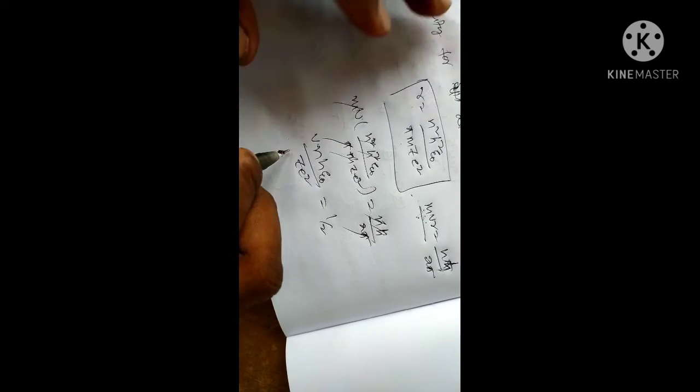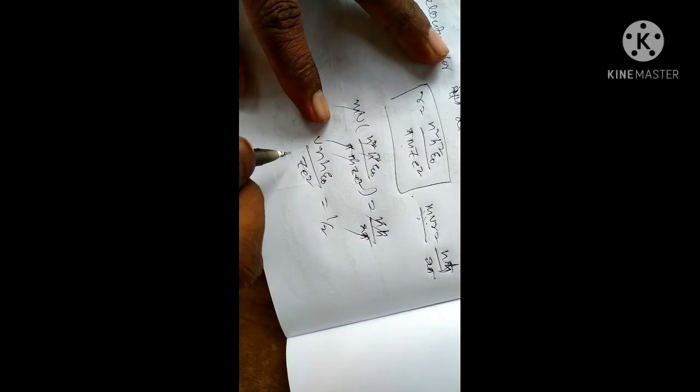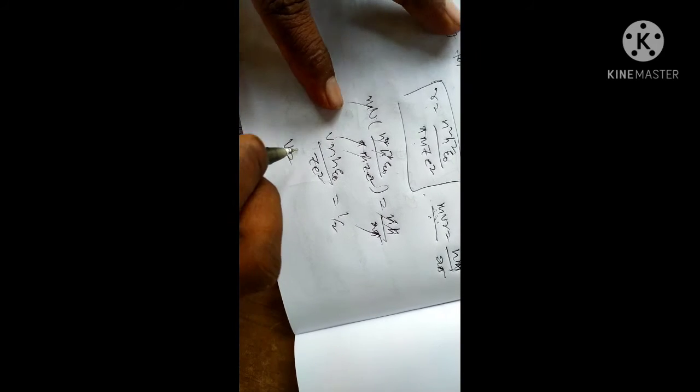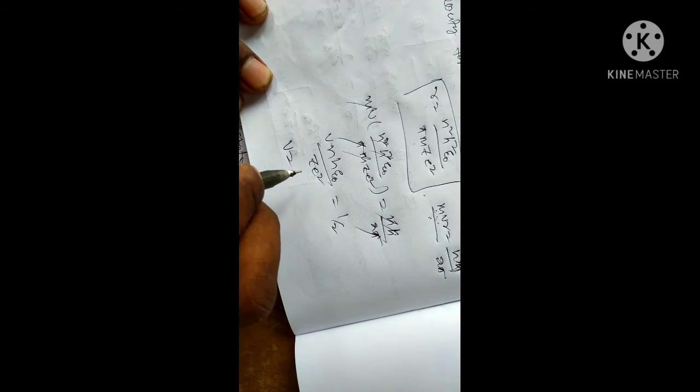We can write the equation v is equal to z e square by 2 n h epsilon naught.